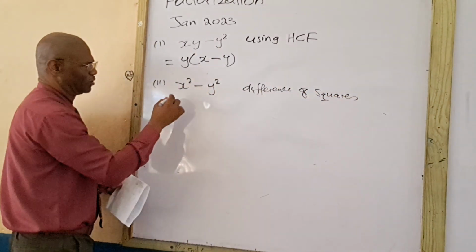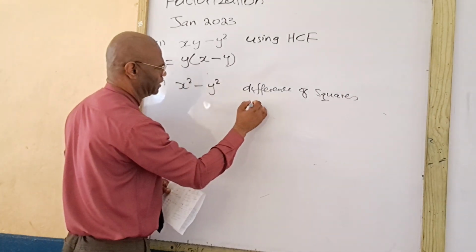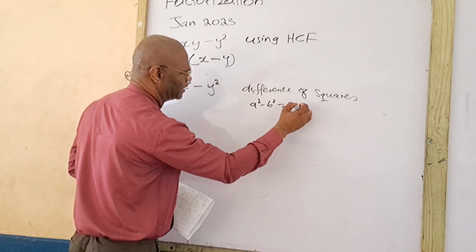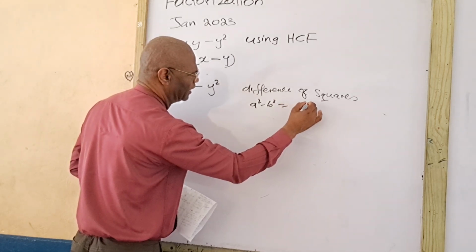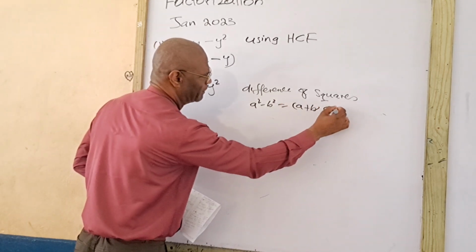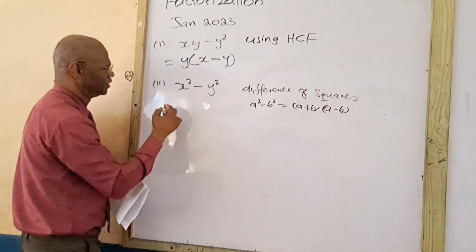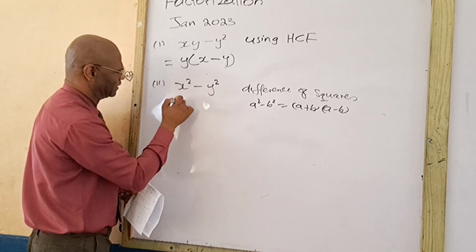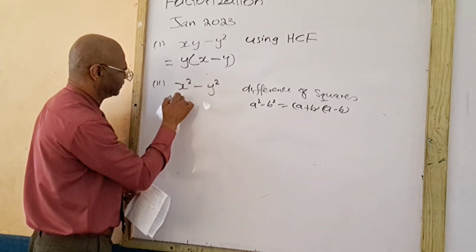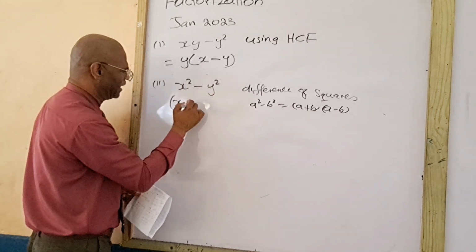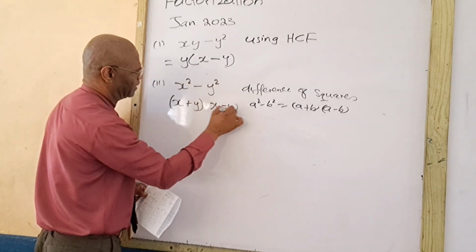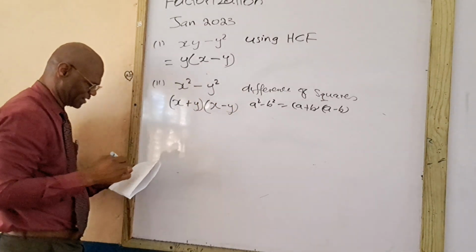And the general form for this is a squared minus b squared equals a plus b times a minus b. Good? So the square root of x squared is x, and the square root of y squared is y. So x plus y times x minus y. That's it. Another 1 mark.